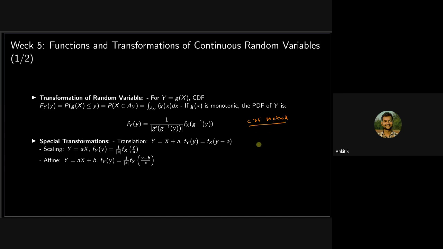So what do you do in the CDF method? First, you try to calculate the CDF of y. A very common example that we saw was, suppose you have a random variable x and it is continuous. Now you consider another random variable y equals x squared.